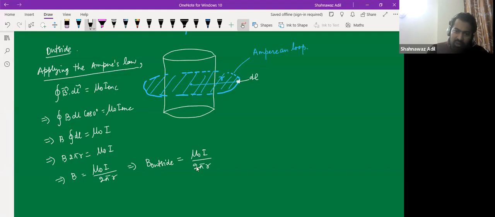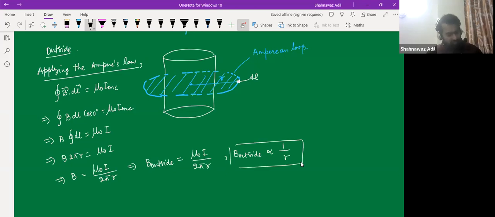I is constant, mu naught is constant, 2 pi is constant. So B outside varies as 1 over r. Is it clear?